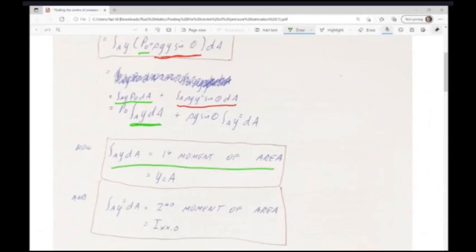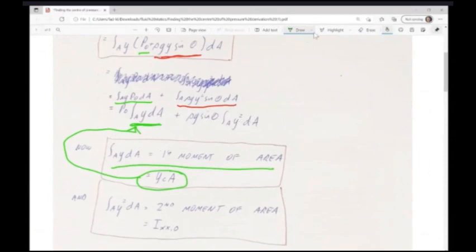Okay, and we're going to plug that into the equation here. For this second term, we've got rho g sine theta. Clearly that's not a function of A, so we can move that outside of our integral sign. So we end up with rho g sine theta times the integral of y squared dA.